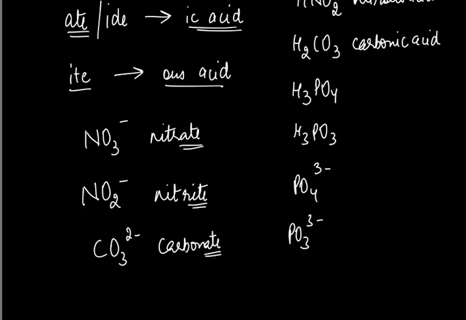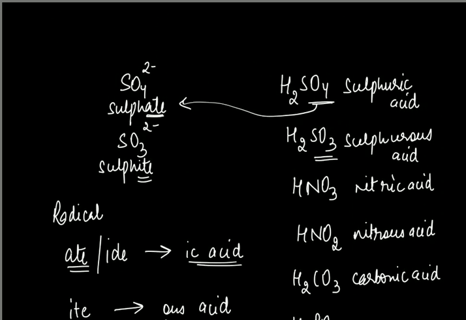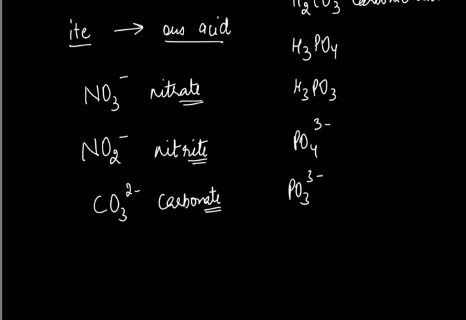Now if you can see, nitrate and nitrite both have collective charge of minus 1. I'm just trying to point this out so that it's easy to remember. Sulfate and sulfite both have 2 minus charge. Similarly, phosphate and phosphite both have 3 minus charge. So it's at least easy to remember that both of them have the same collective charge.